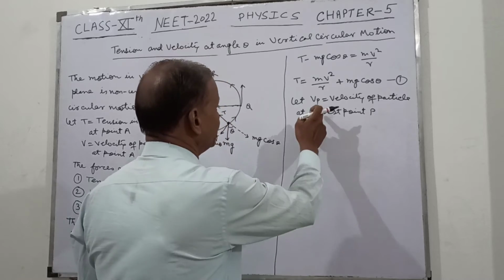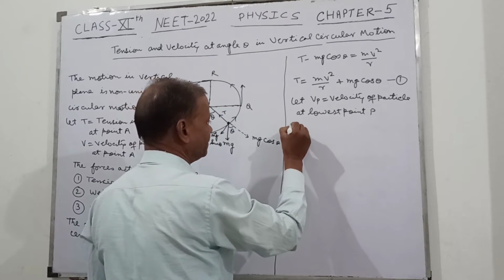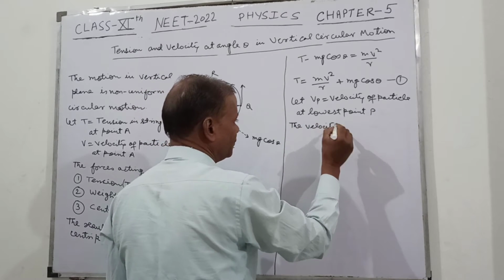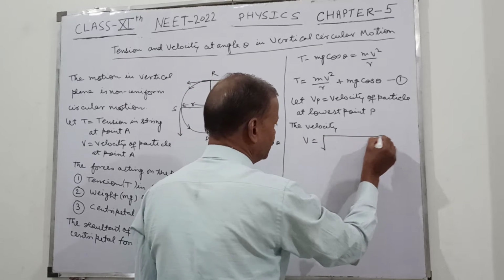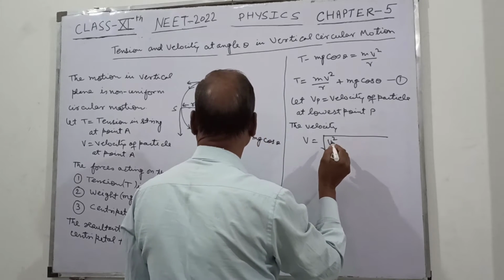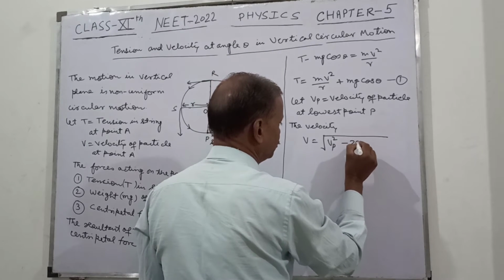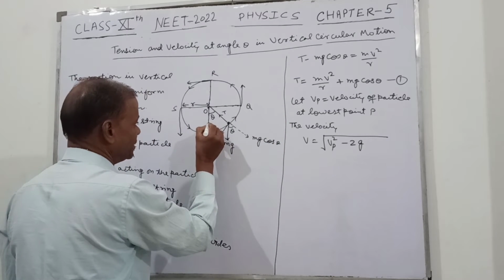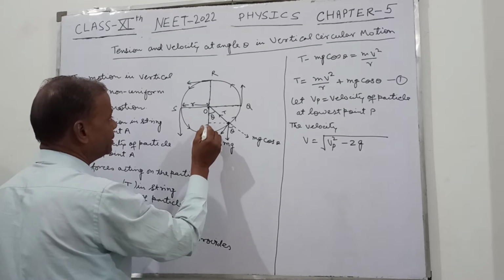So now we can find this velocity V. V equal to square root of Vp square minus 2g h, where h is the height, suppose h from here.